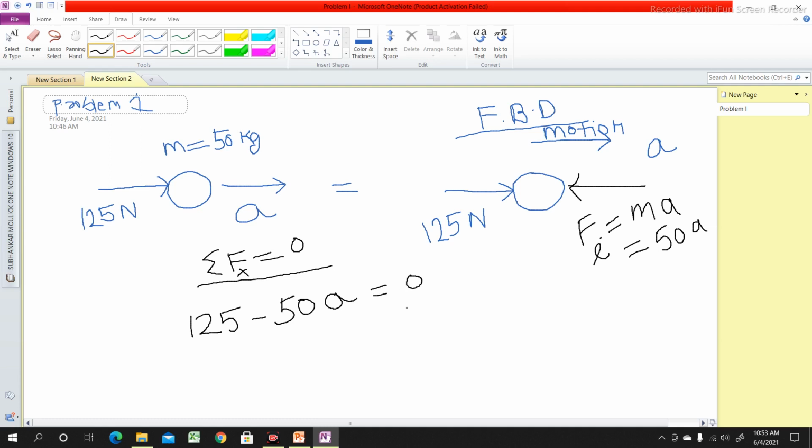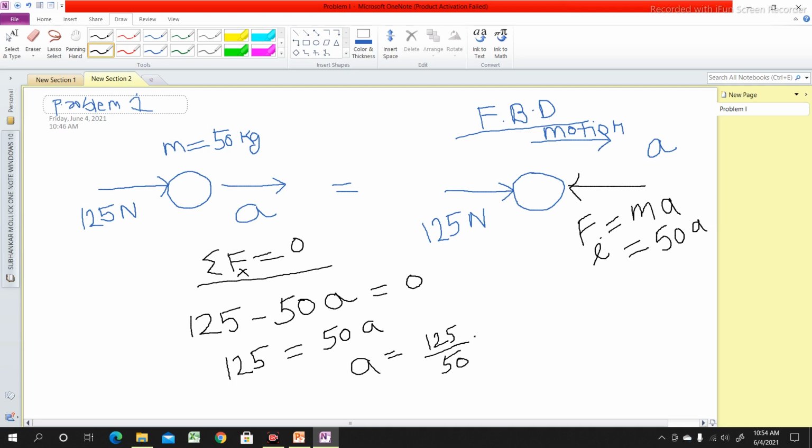So the equation we get is 125 minus 50 into A is equal to 0. Or I can write it as 125 is equal to 50 into A, or acceleration A is 125 by 50.